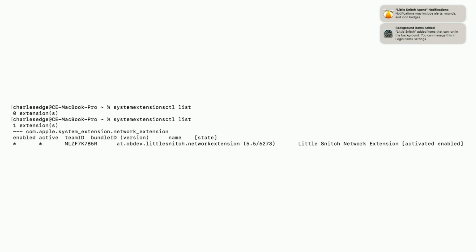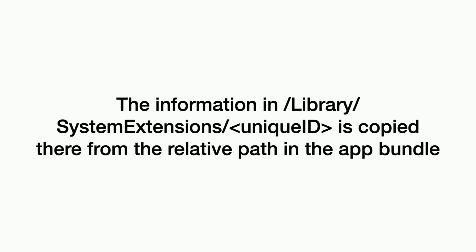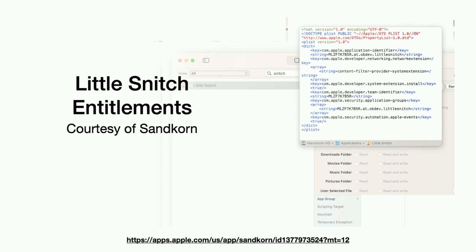Once it's done, if you notice, it says activated enabled under systemextensionsctl. So the information in /Library/SystemExtensions/uniqueID is copied there from the relative path in the app bundle itself upon activation.